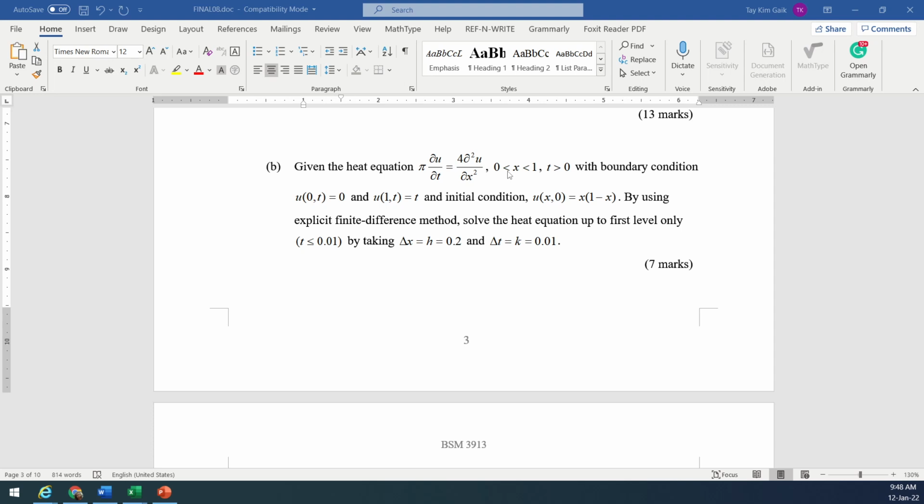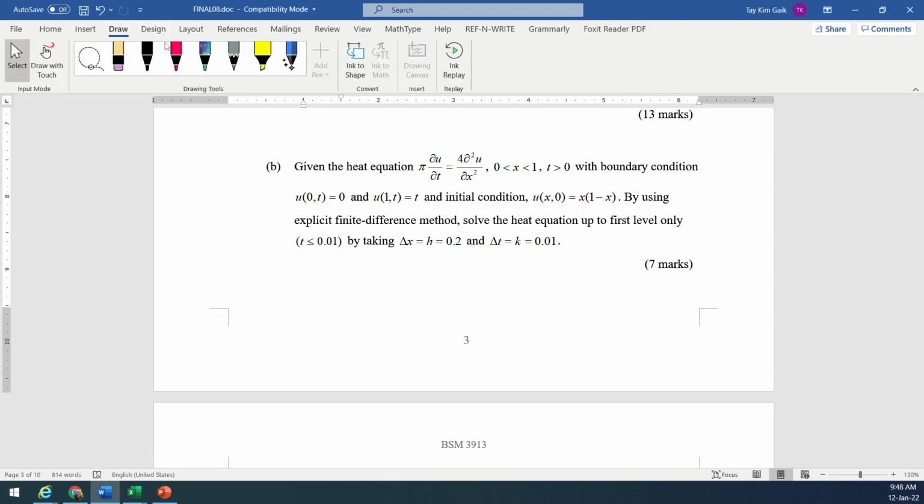Watch here, because if you put the boundary condition wrongly, it affects all the answers. This is x equal to 0, this is x equal to 1.